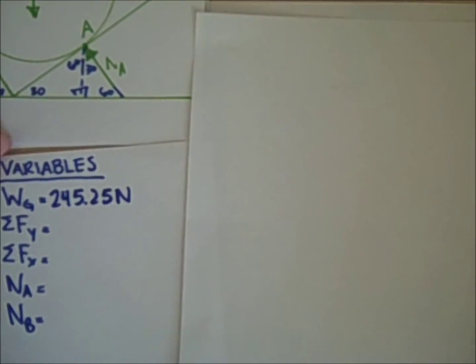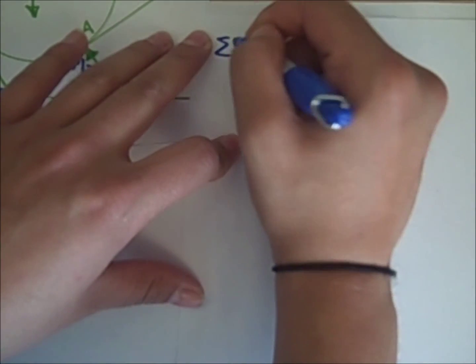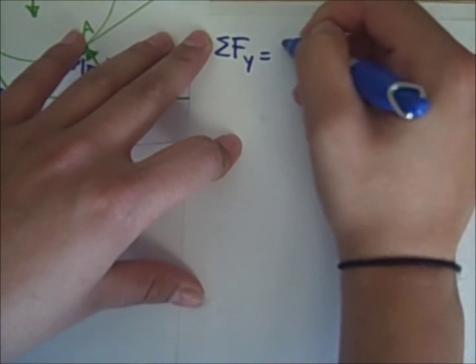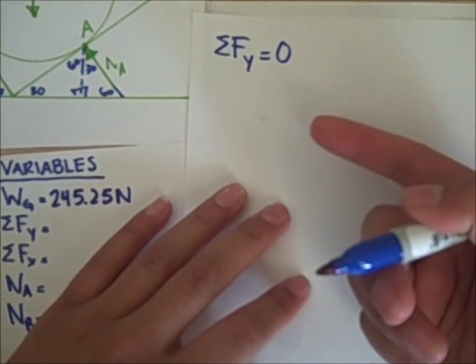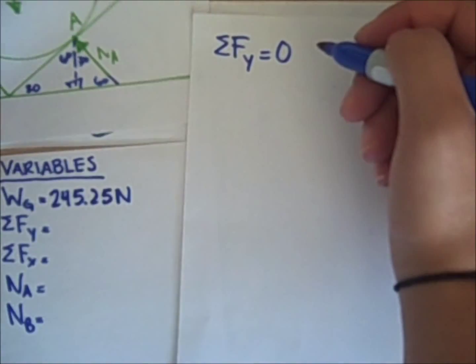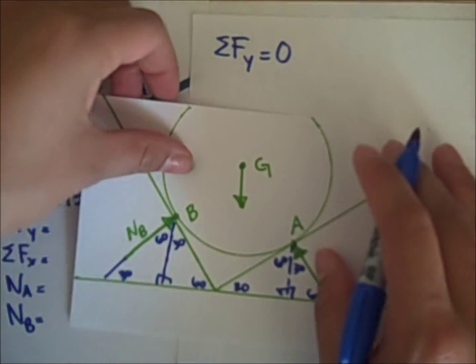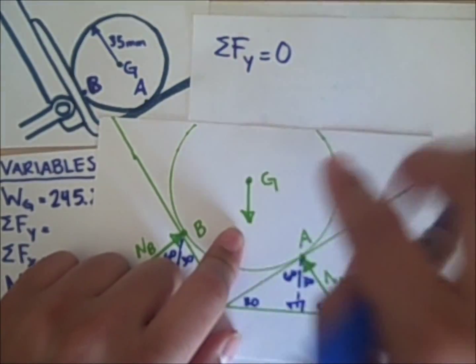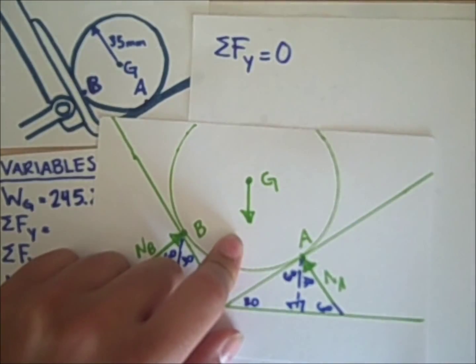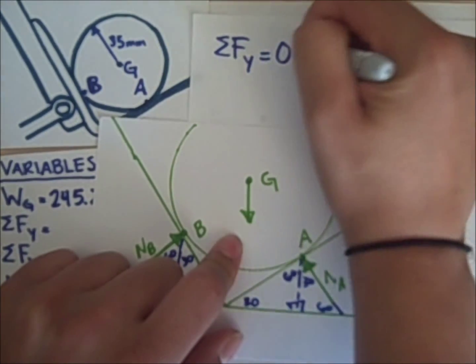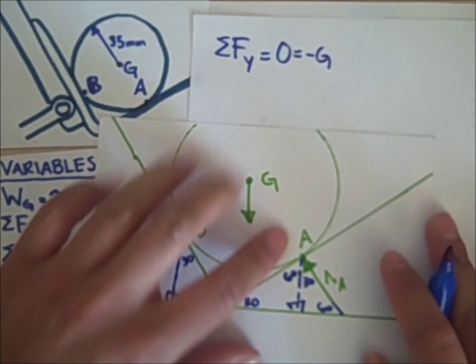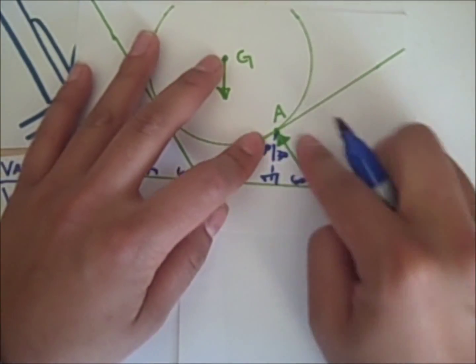Next, we're going to be breaking up the forces. So our first equation is the sum of forces in y, which is 0 because it's at equilibrium. And if you look back here, in our y direction, the weight would be going down, so that means it's a negative y. So we have negative G. And if we look at this y, it's going up.